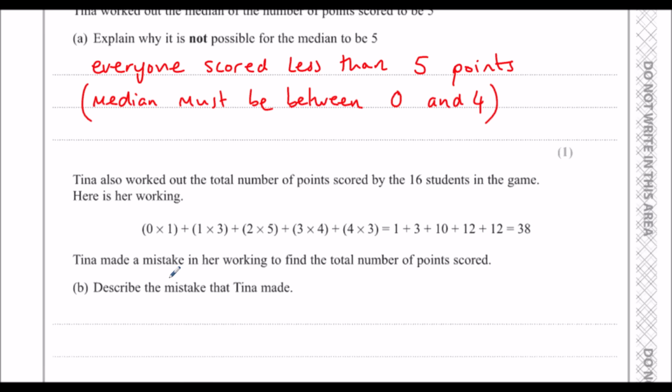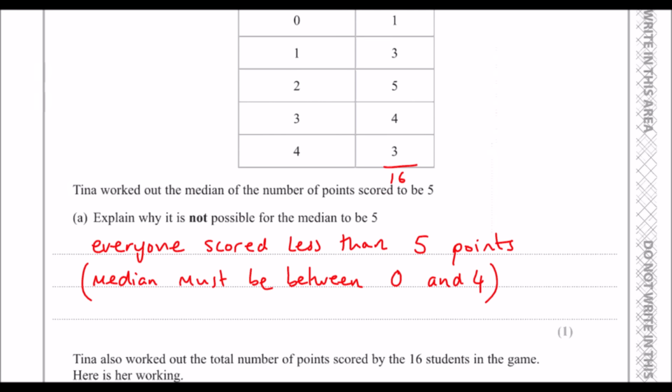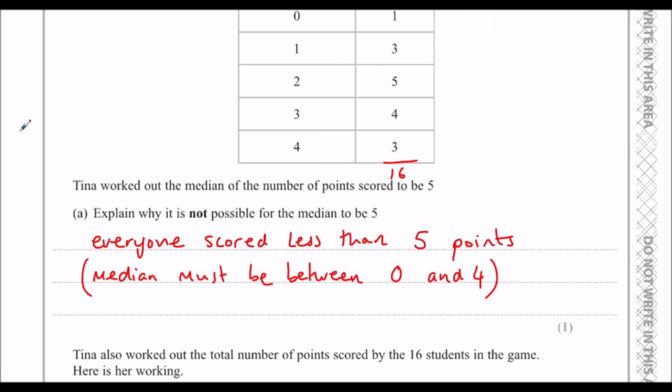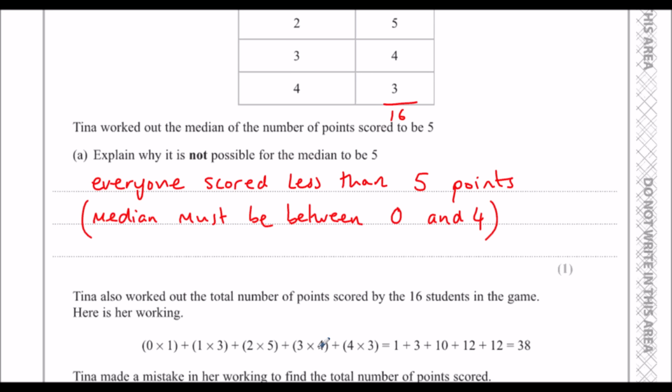Tina also worked out the total number of points scored. Here is her working. Tina made a mistake. Made a mistake in her working to find out the total number. Describe the mistake Tina made. So the first stage is correct. 0 times 1, 1 times 3, 2 times 5, 3 4s, and 4 3s.